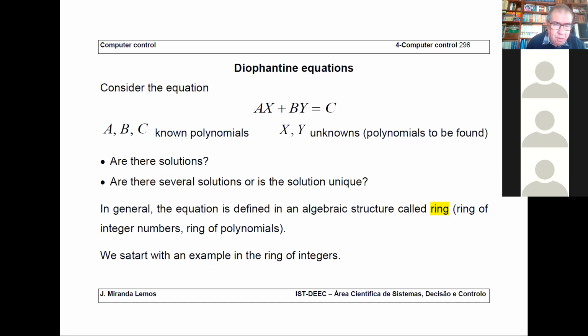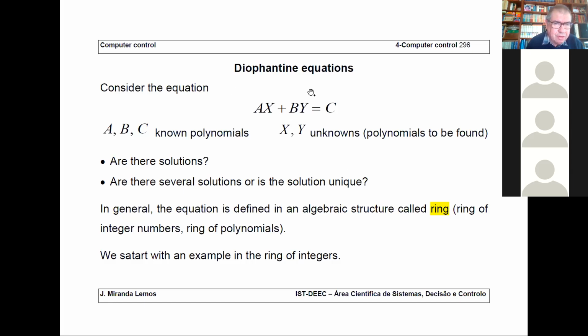What is important is what are the conditions such that we have a solution, and what are the conditions for the solution to be unique, or is the solution unique? The idea of algebraic structures is that you can study different sets, and the properties are the same.